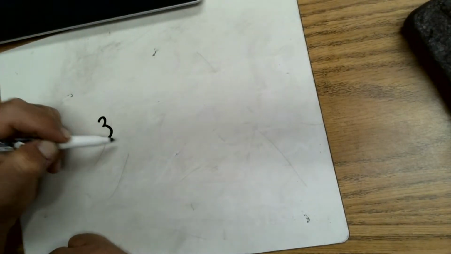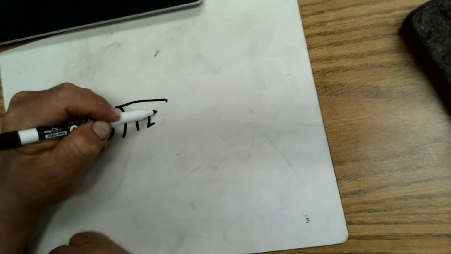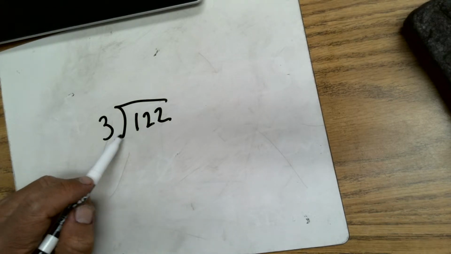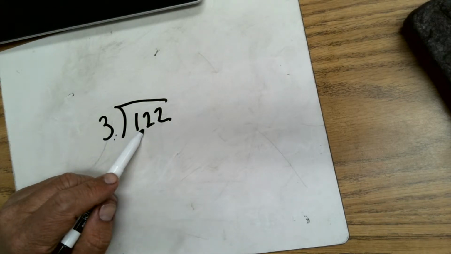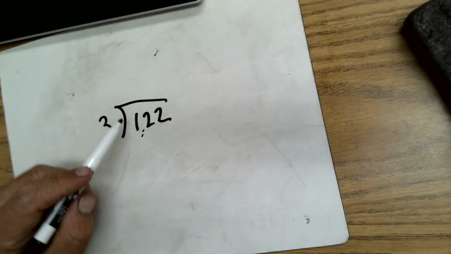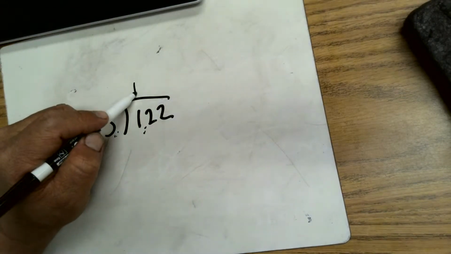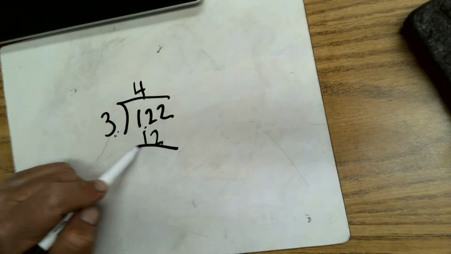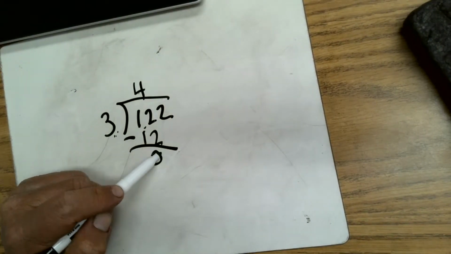I'll do 2 more because I really have to step away for the moment. 3 divided into 122. I have to look to see what I can fit into here. So 3 goes into 12 4 times. 3 times 4 is 12. And I'm going to subtract it. So I get 0.